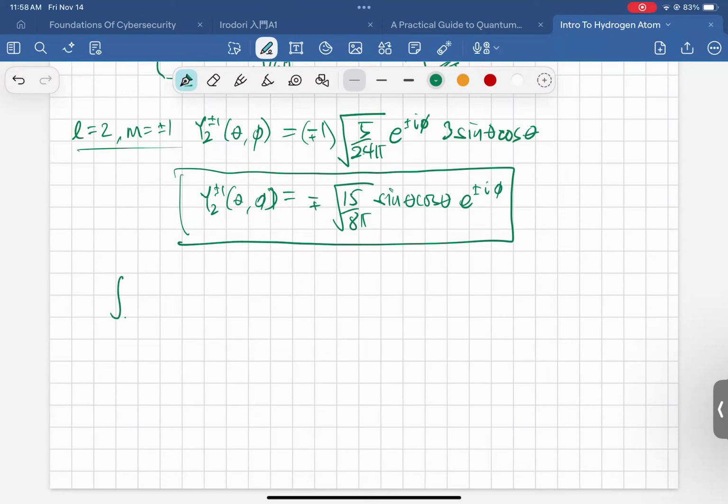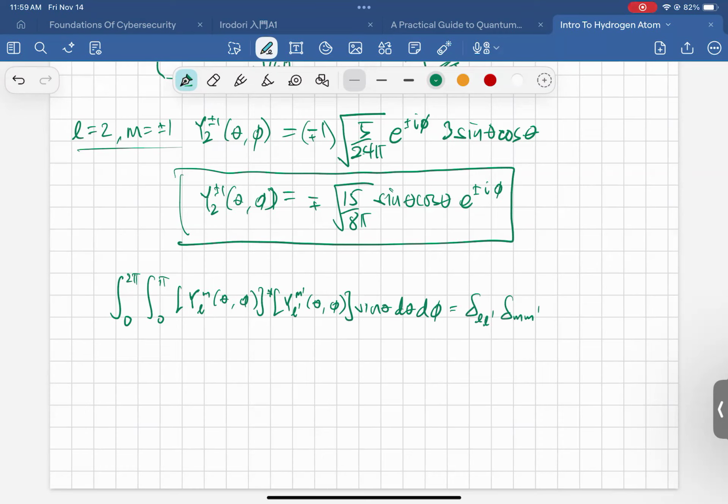From this equation: integral from 0 to 2 pi, 0 to pi, of Y_L^M of theta, phi, times its complex conjugate, Y_L'^M' of theta, phi, times sine theta d theta d phi, and dapat equal yan to delta L L prime, delta M M prime.